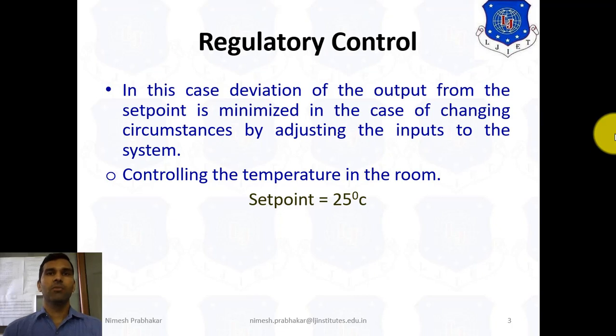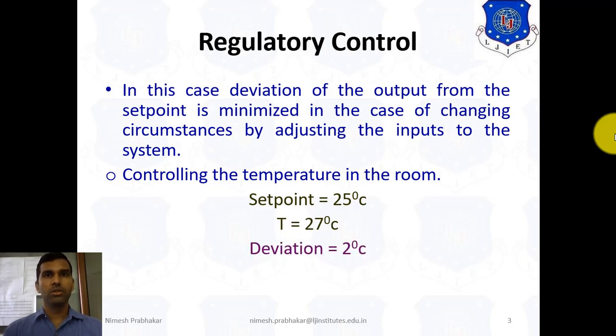That means we want a constant temperature of 25 degrees centigrade in our room. Now because of some disturbance the temperature increases to 27 degrees. That means the deviation is 2 degrees.